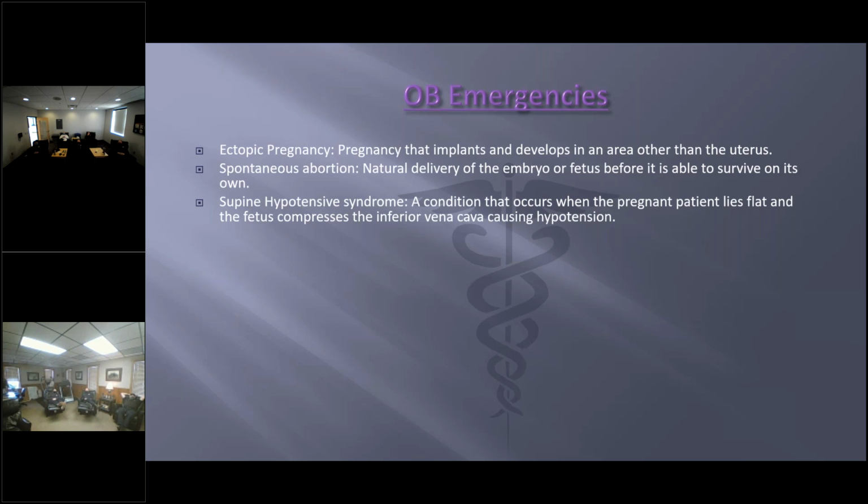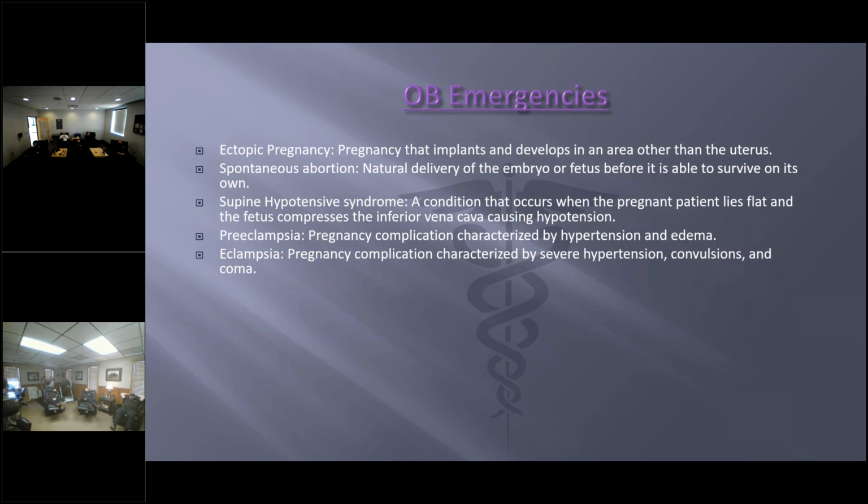Supine hypotensive syndrome, with that fetus developing and the increased weight, if mom is laying on her back and the baby is resting against the superior and inferior vena cavas, it can really drop the blood pressure. So when we're looking at second and specifically third trimester, when we're transporting our patients, make sure that they are in a left lateral or right lateral recumbent position.